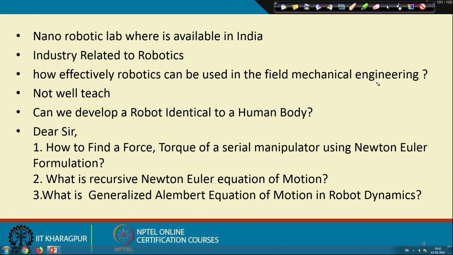For example, in a Google search, if you give a search for a robot kinematics simulation package, I hope you will get a few ready-made packages. Similarly, for dynamics also there are some simulation packages. Moreover, nowadays Adams is another very popular software package, and it has inbuilt kinematics and dynamics modules.